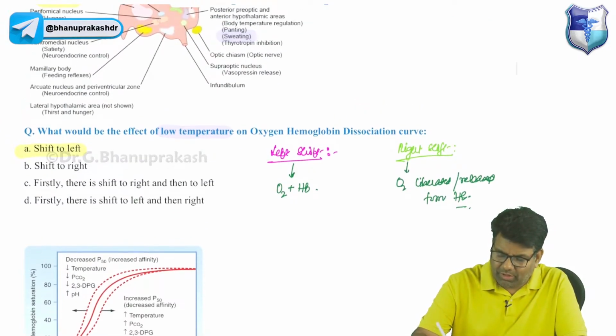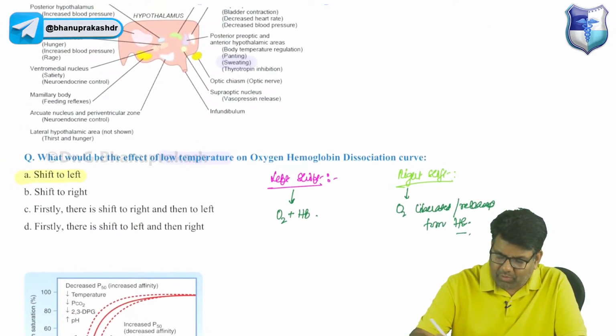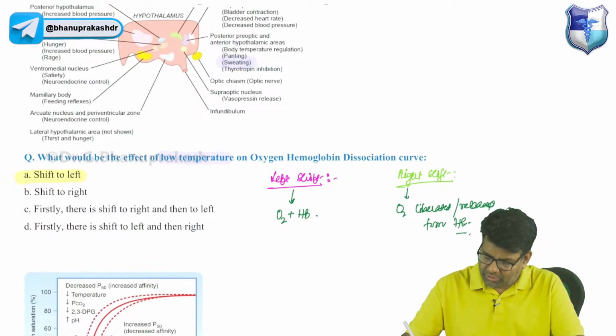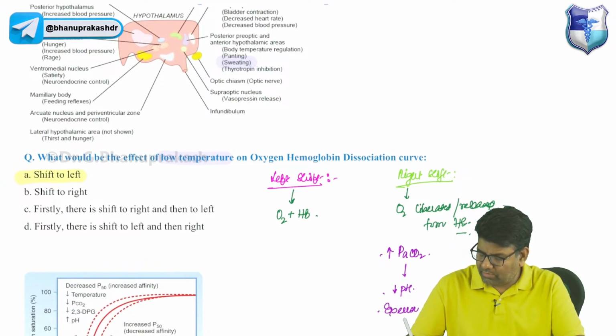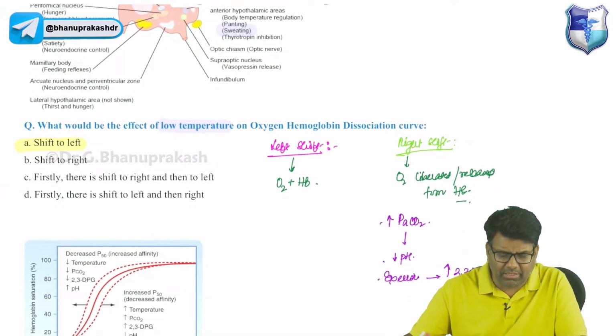In right shift, where can we find the right shift? What are the conditions? Especially if there is increase in PaCO2, which will lead to fall in pH, or increase in 2,3-BPG, anemia, raised temperature.